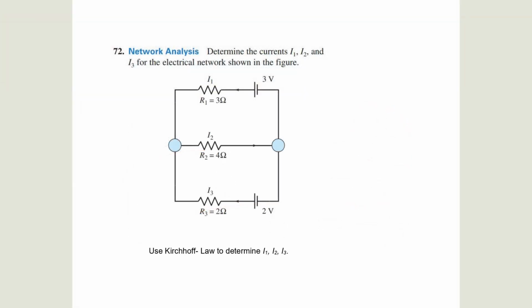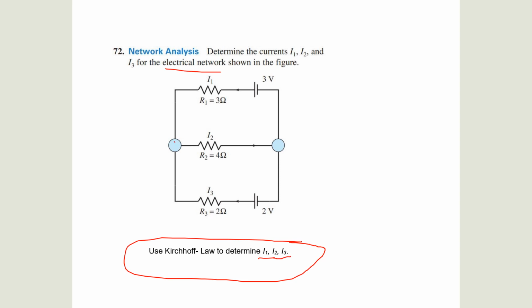Let me read my assigned item number that I need to answer. Number 72, network analysis. Determine the currents I sub 1, I sub 2, and I sub 3 for the electrical network shown in the figure. And let's use Kirchhoff's law to determine I sub 1, I sub 2, and I sub 3.